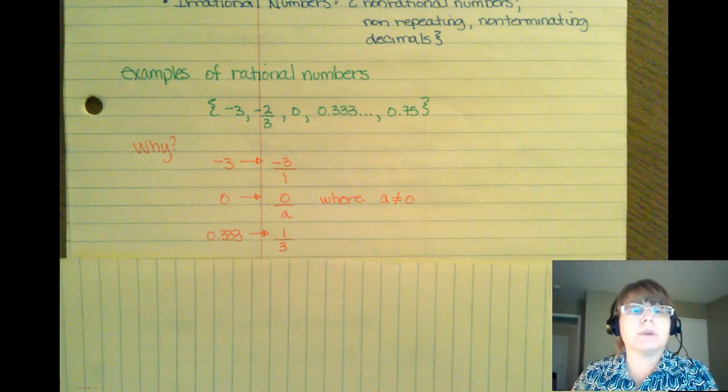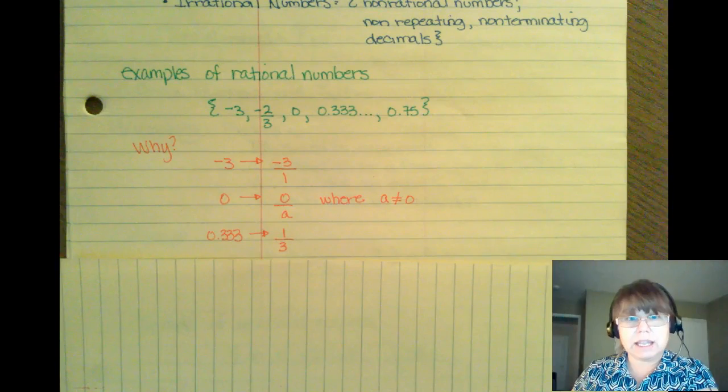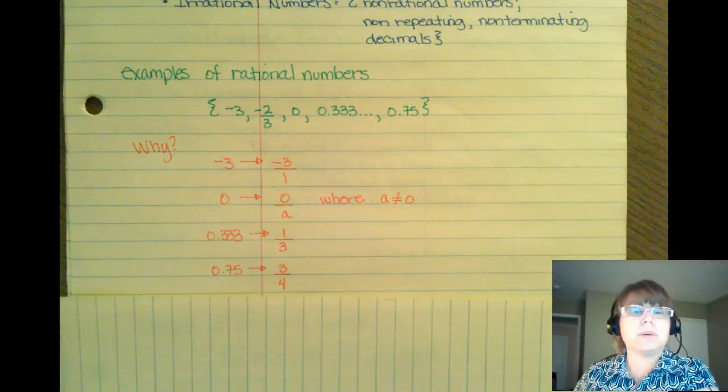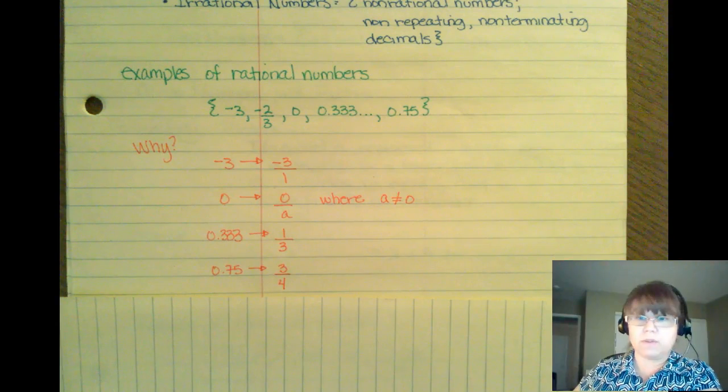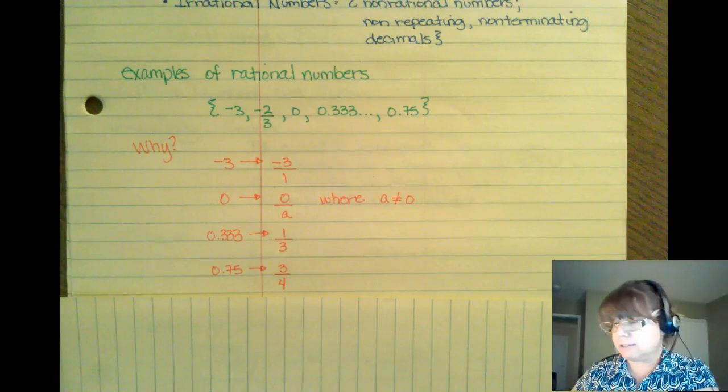What about 0.333? We can write it as 1 over 3, 1/3. So that fits our definition of a rational number. And 0.75, thinking along the lines of the 1/3, well, 3/4, if you divide 4 into 3, you get 0.75, and that meets our definition.